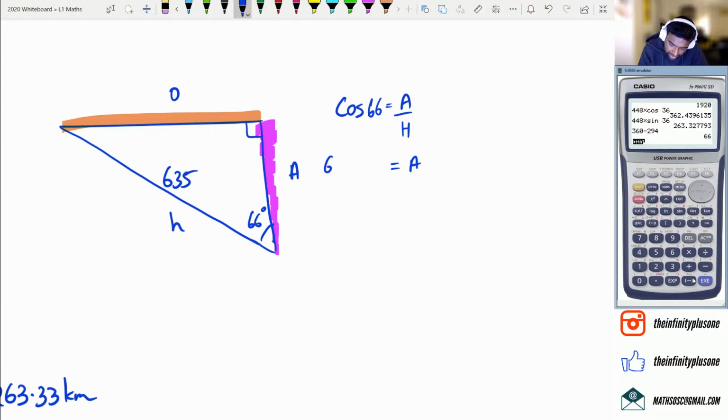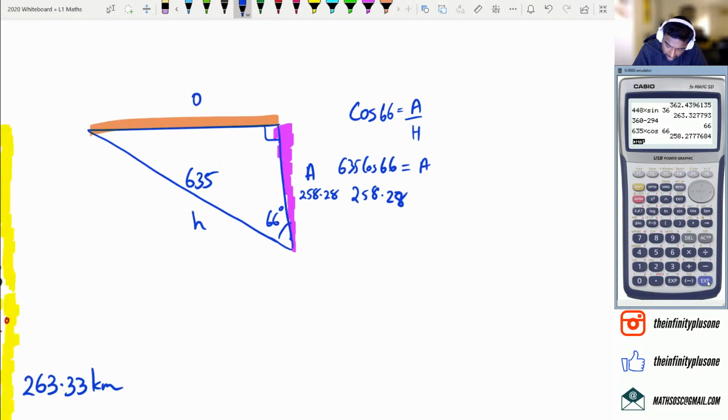So adjacent is equal to 635 cos 66, which gives us 258.27 or 28. That's this side right here. I'm going to put it as 258.28.